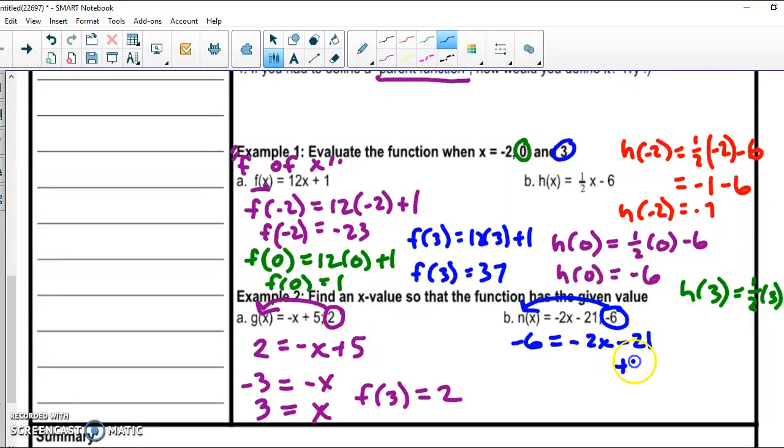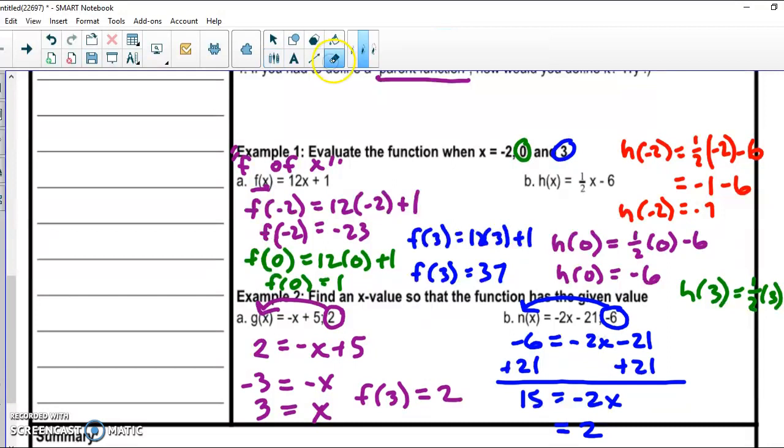So I'm going to start by adding 21 to both sides. -6 plus 21 is 15. And now to get x by itself, I divide both sides by -2. And 15 halves, it's going to be negative because I have a positive divided by a negative.